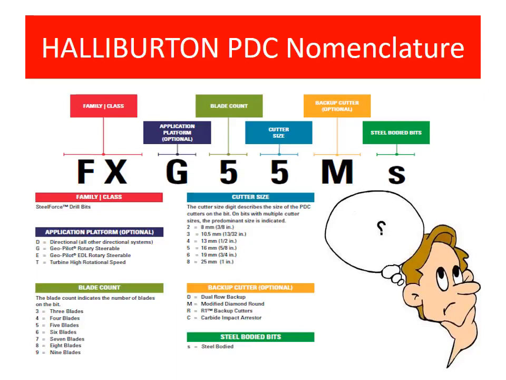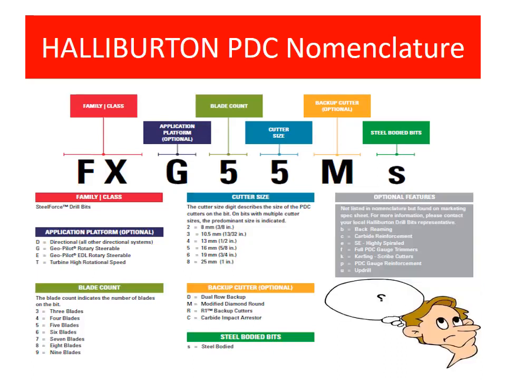The indication of whether this bit body is made of matrix or steel comes at the last position, as S when it is made of steel. For more additional features, which are mentioned in the table on the right-hand side, they come after the steel body indication.